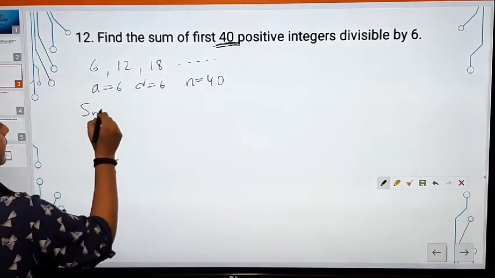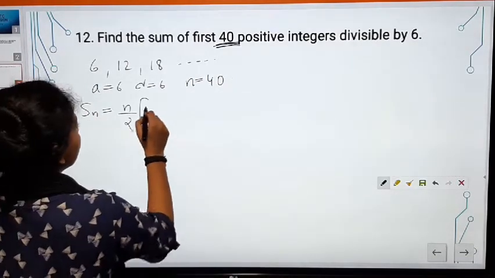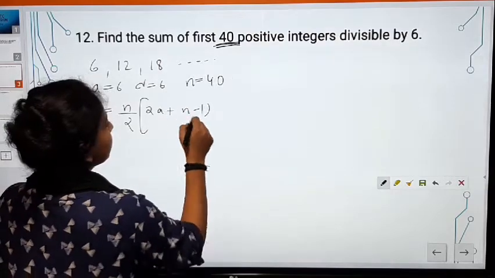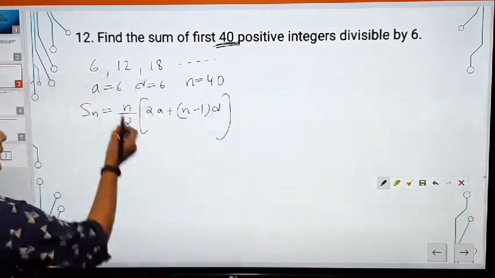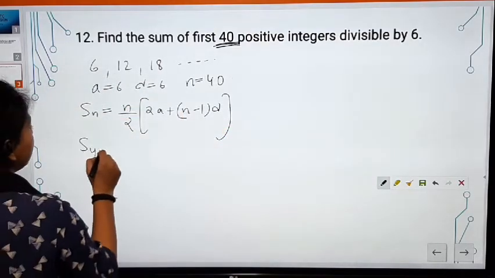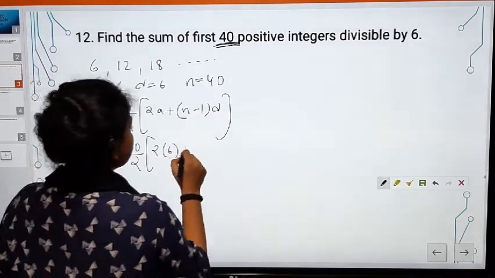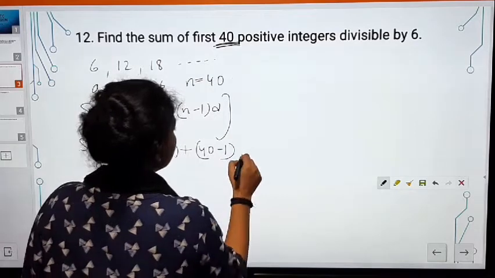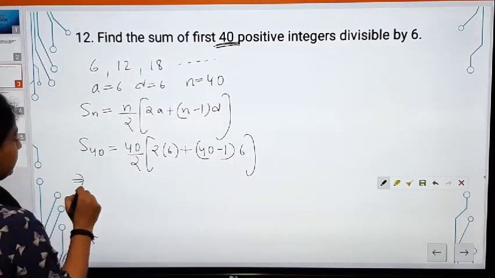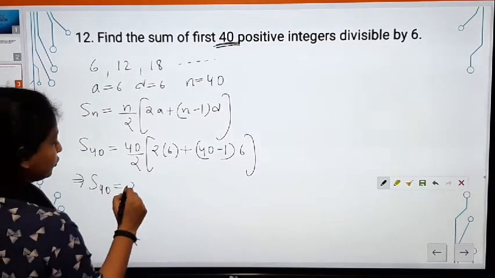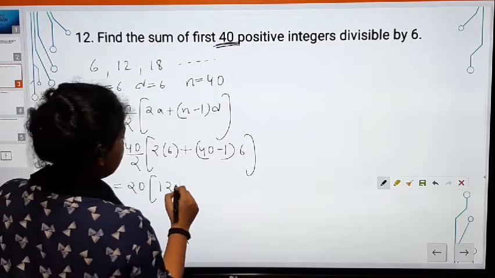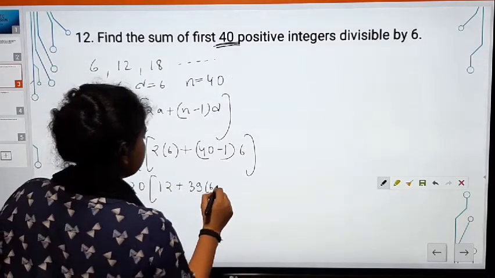Now, applying the formula Sn equals N upon 2, 2A plus N minus 1 into D. Keeping these values here, we get S40 equals 40 by 2, 2 into 6 plus 40 minus 1 into 6. This will give me S40 equals 20, 12 plus 39 into 6.